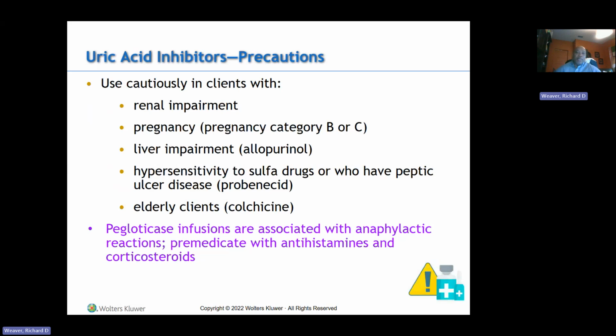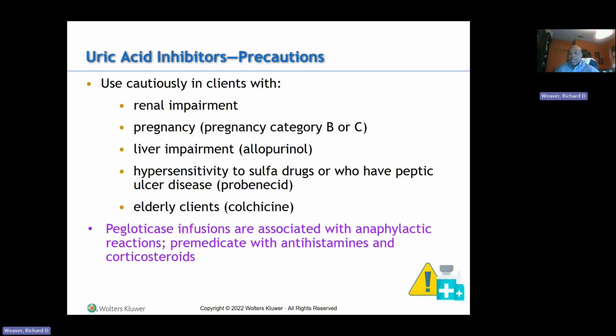Now, when we talk about probenecid being used with caution in people who have hypersensitivity to sulfur, it is because these drugs, like probenecid, have sulfur-like structures within them. All right, and if someone already has an allergy to sulfur and they're taking probenecid, then it can cause a reaction as a result.